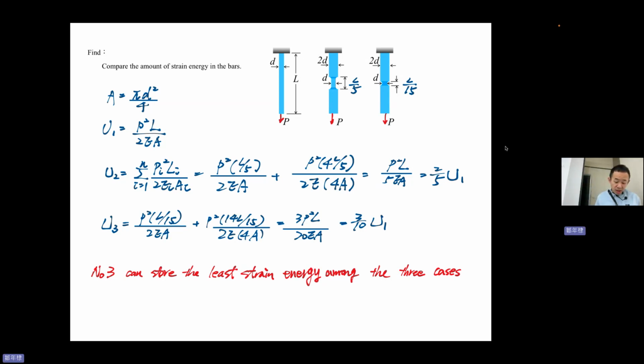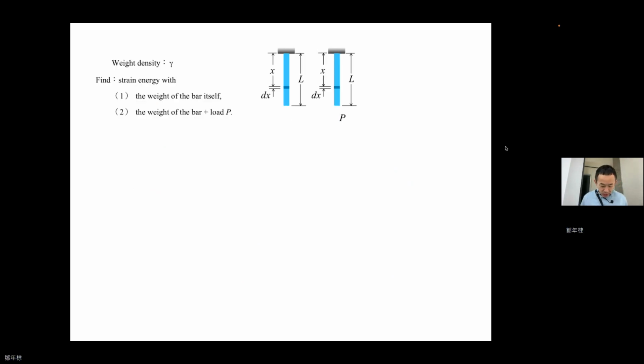Next one I will show you that strain energy cannot be superimposed, superposition cannot be superpositioned. Okay, next one. So there is one length.